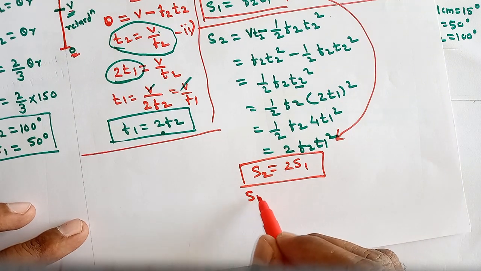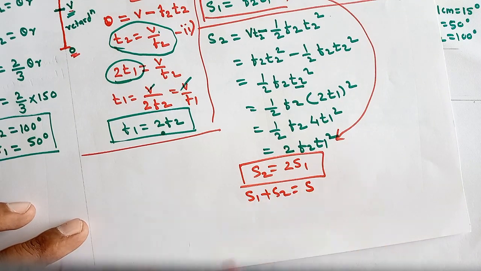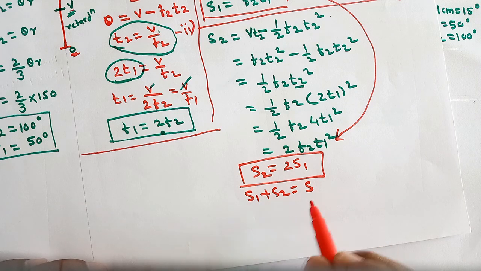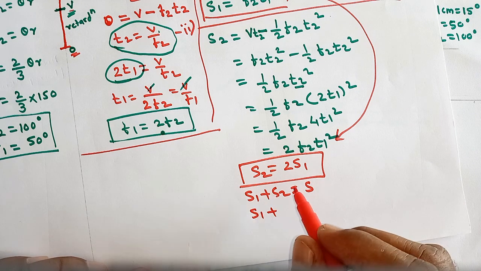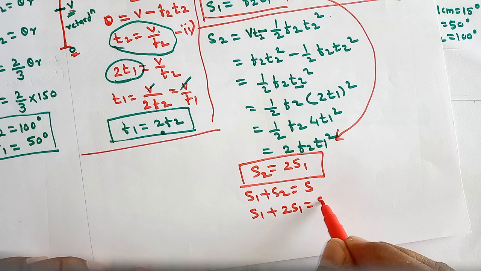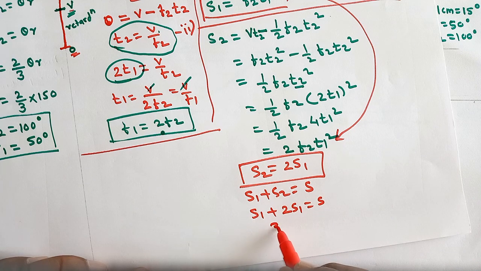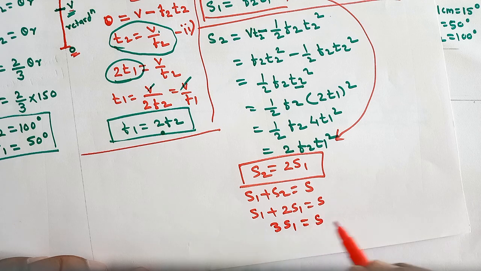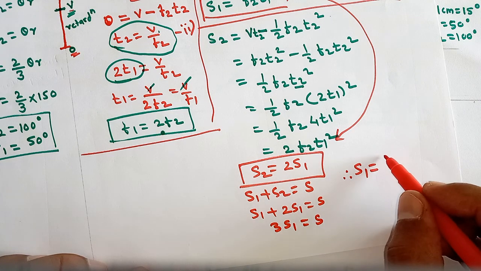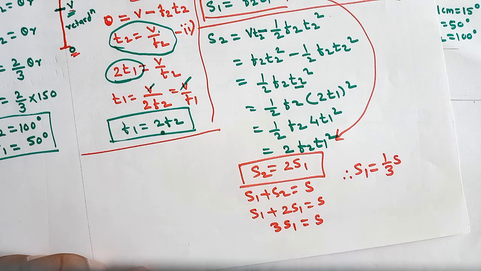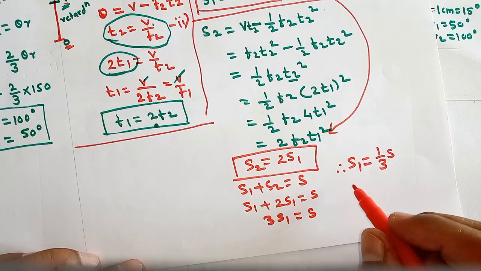Next we have S1 plus S2 is equal to S, the total displacement during return stroke. So S1 plus twice S1 equals S. So we get 3 times S1 is S, and therefore displacement of the follower during acceleration period is 1 by 3 of the total displacement.